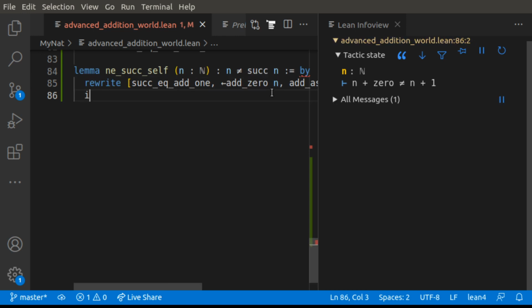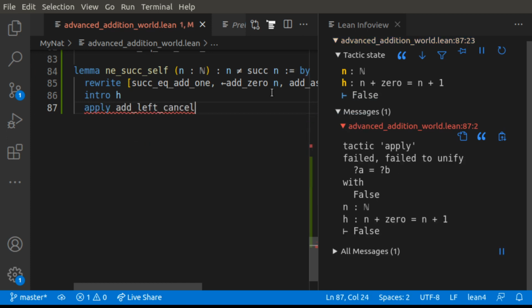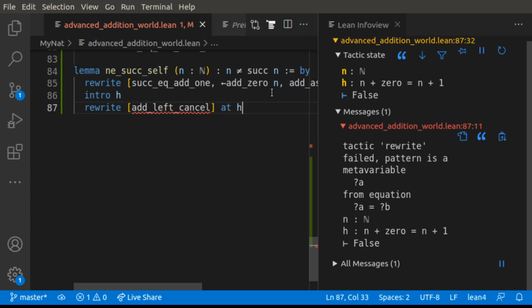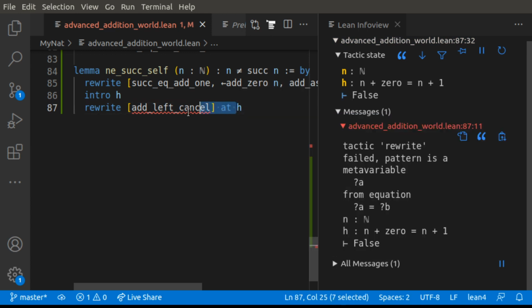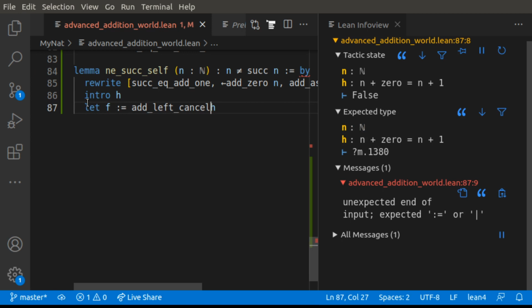Okay, let's intro h. We should apply left cancel. Do we apply it? No, we rewrite it. Rewrite that h. What happened here? Let f be defined.